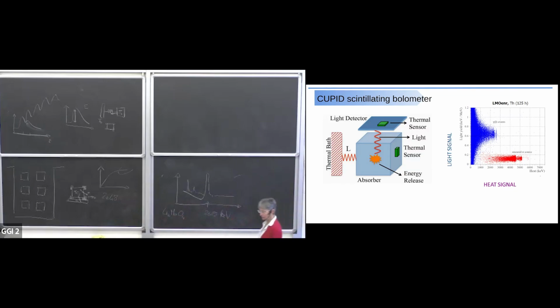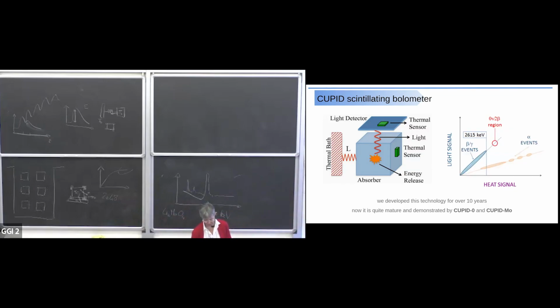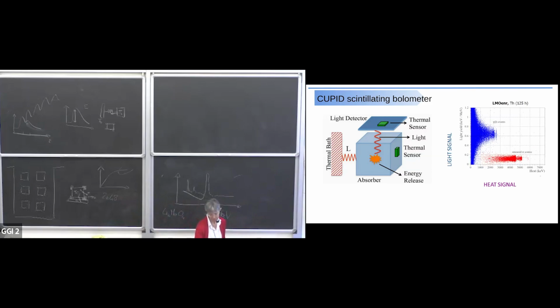Yes, the drawing was different. Yes, you cannot see the slope here because you are dominated by the energy resolution. I mean, this spread is due to the energy resolution of this device.